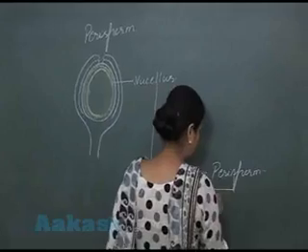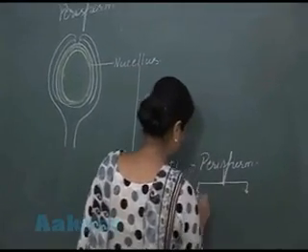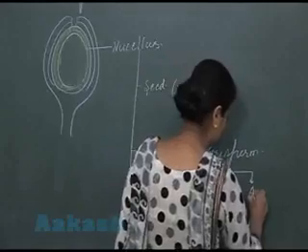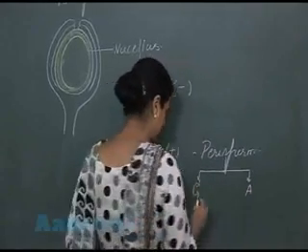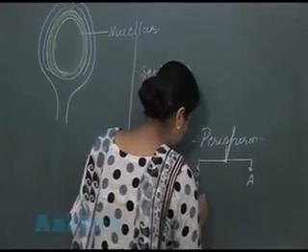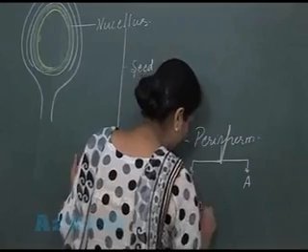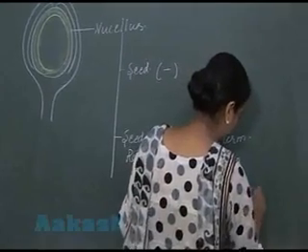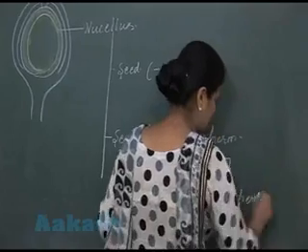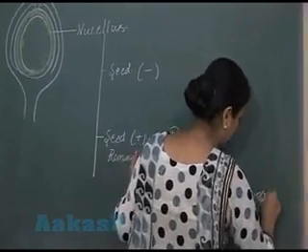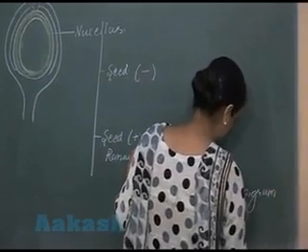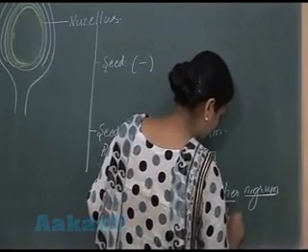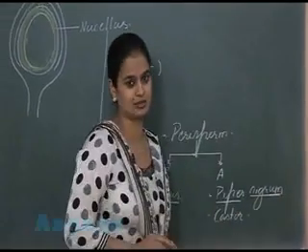Perisperm is present in the gymnosperm as well as in the angiospermic seed. In the gymnosperm, one example is Pinus, and in the angiosperm, perisperm is present in Piper nigrum, that is black pepper, and another example is castor.